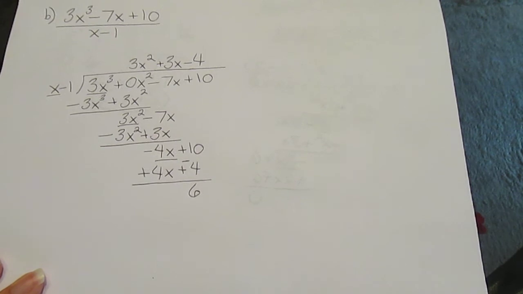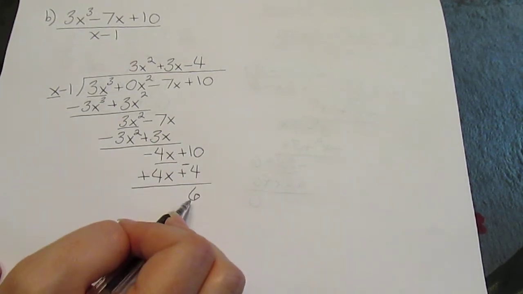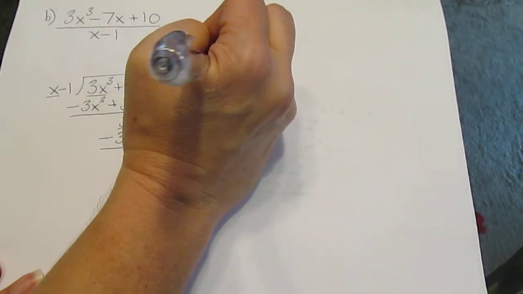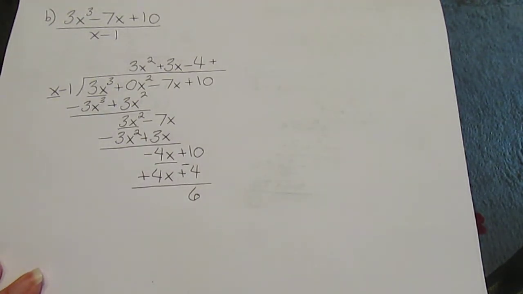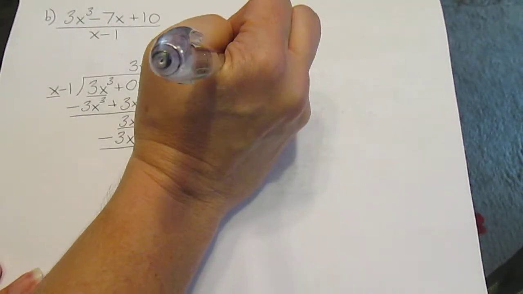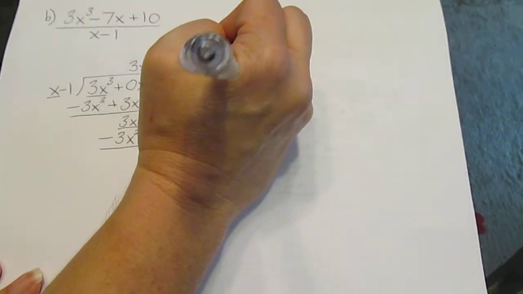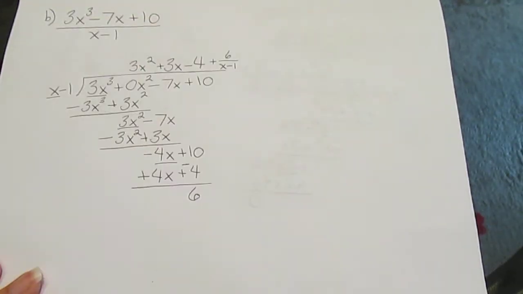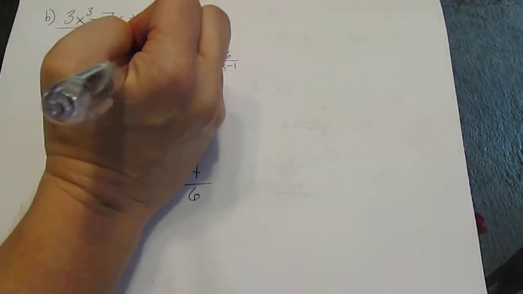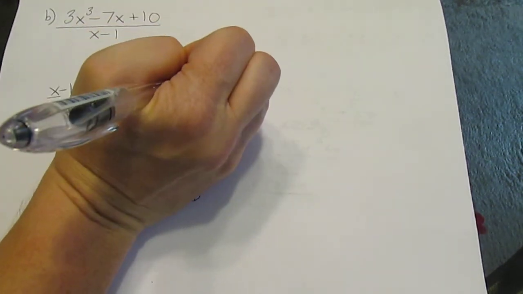Okay, well, when you get a remainder, what you can do with that remainder is add it to the end here. So you'll do plus 6 over whatever your divisor was. Okay, so this is my answer right here.